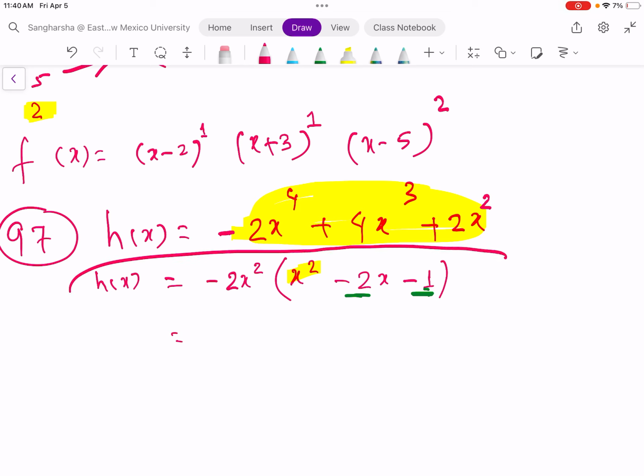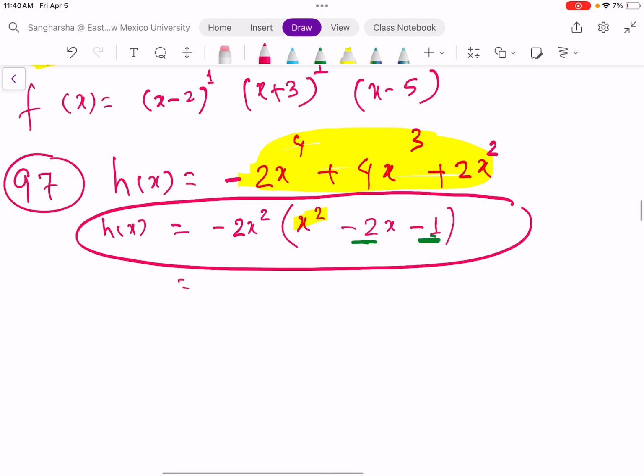Okay, so let's do another here. Can you write a function? So let's do 104.